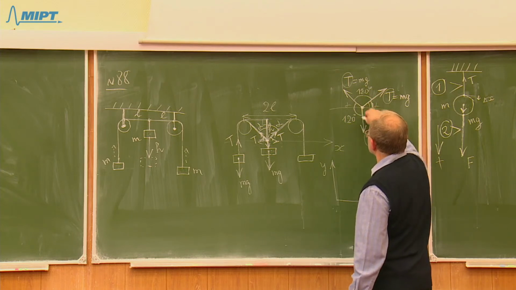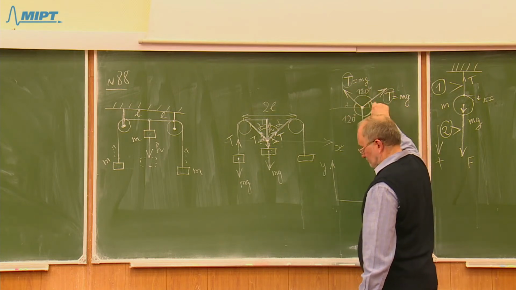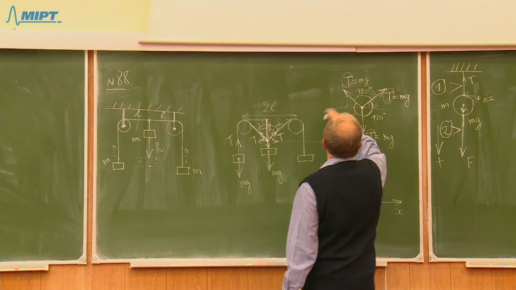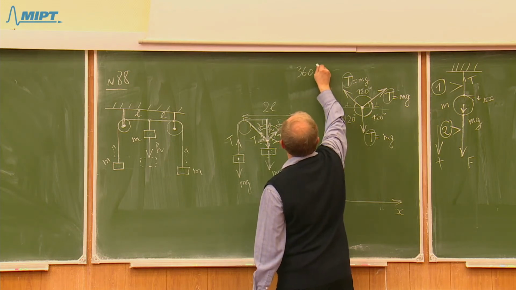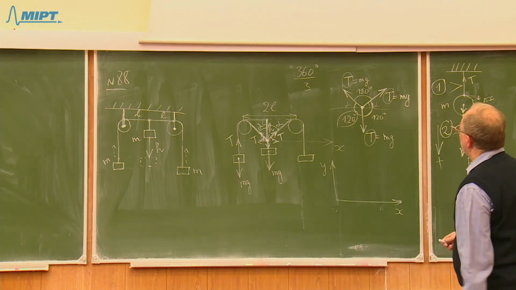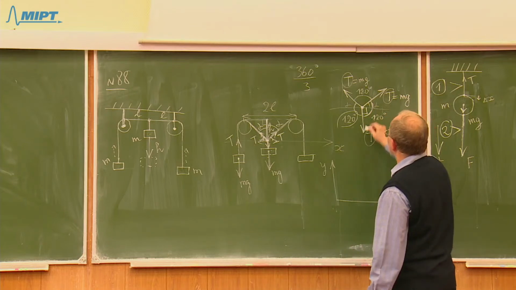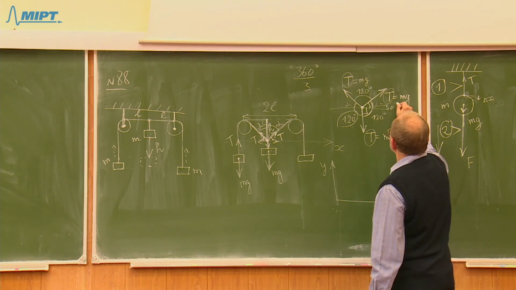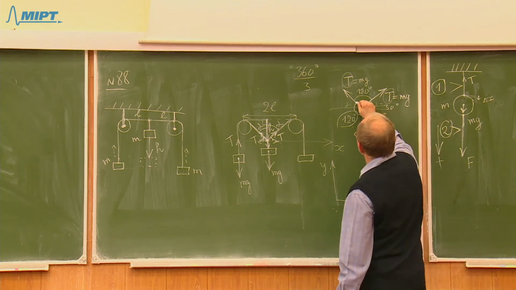So all these three angles are equal, and as the total angle is 360 degrees, then each angle is just 360 degrees divided by 3, which is 120 degrees. And so if this angle is 90 degrees, it's the right angle, then alpha must be equal to 30 degrees. And this is also 30 degrees.